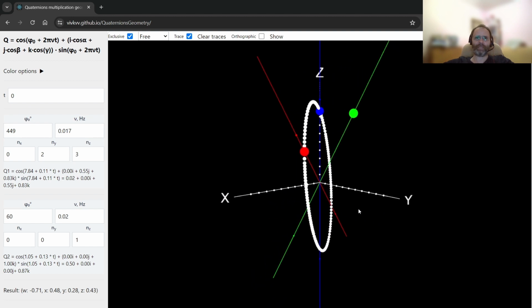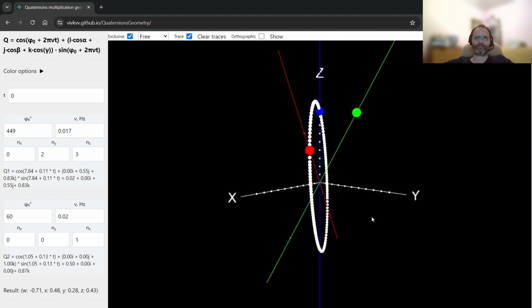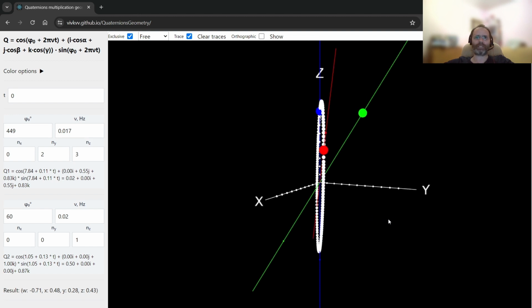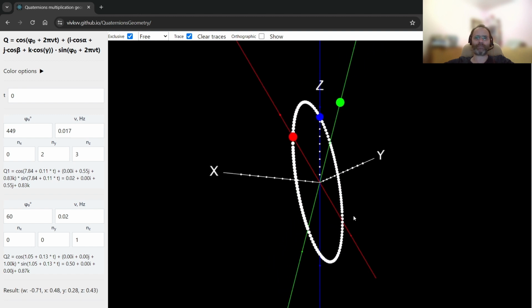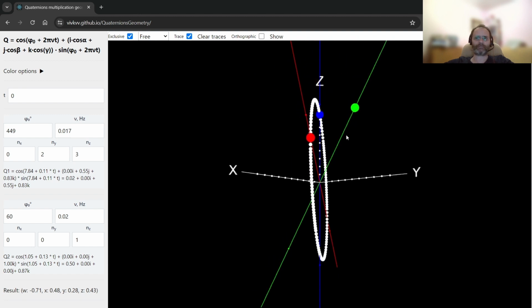So, if you take a plane built on the axes of the original quaternions, blue and green, then the plane of the ellipse turns out to be rotated relative to this original plane around the blue axis by some angle. And this is clearly visible in this picture. We will explain it as well.